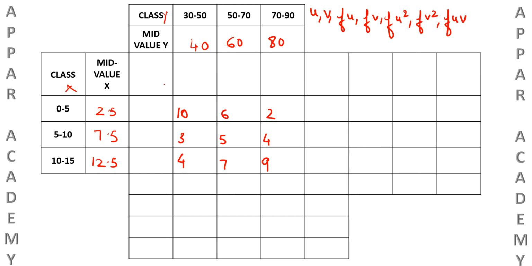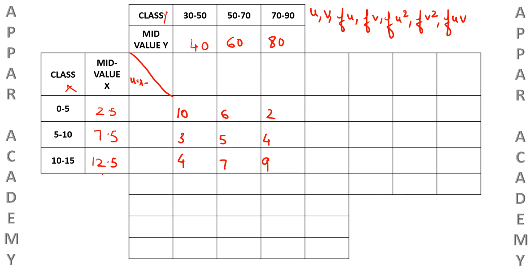Okay. So the first step is we'll start by finding u, right? u is for x. So u is equal to x minus a. What do you think a should be? From these values 2.5, 7.5, 12.5, it will be easiest to take a as 7.5, right? Because 2.5 minus 7.5 becomes minus 5, 7.5 minus 7.5 becomes 0, and 12.5 minus 7.5 becomes 5.